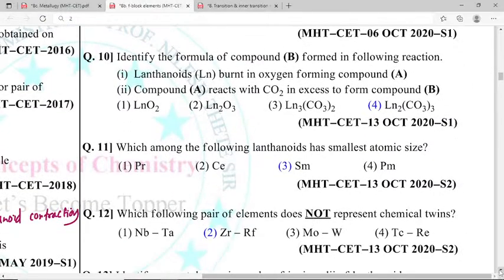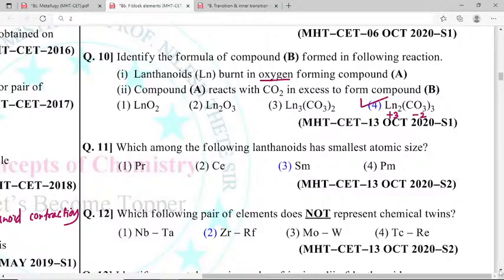Next question. Identify the formula of the compound in the reaction: lanthanoid burnt in oxygen gives A, and A reacts with excess CO2 to form compound B. Lanthanum should be +3 here, and the carbonate should be -2 as a whole.